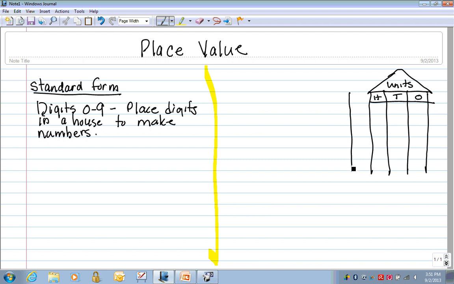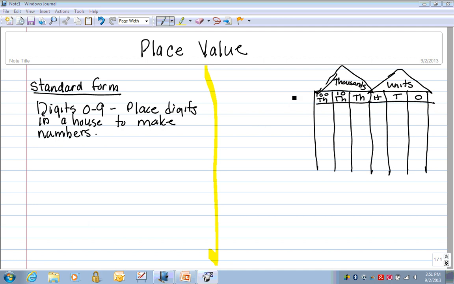And then I'm going to draw the next part of my house. This part of the house is going to be the thousands. On this next column, we have the thousands place value. Then next to the left, it will be the 10,000. And then the last column in the thousands part of the house is 100,000.